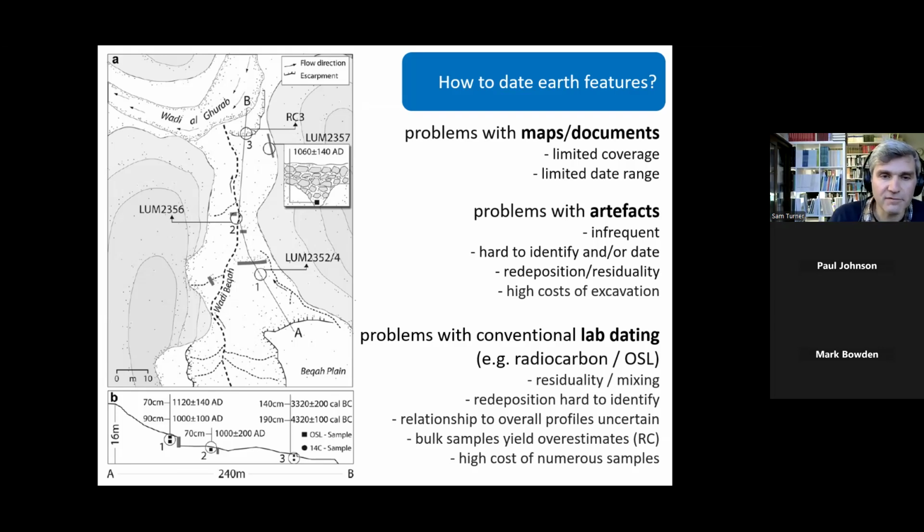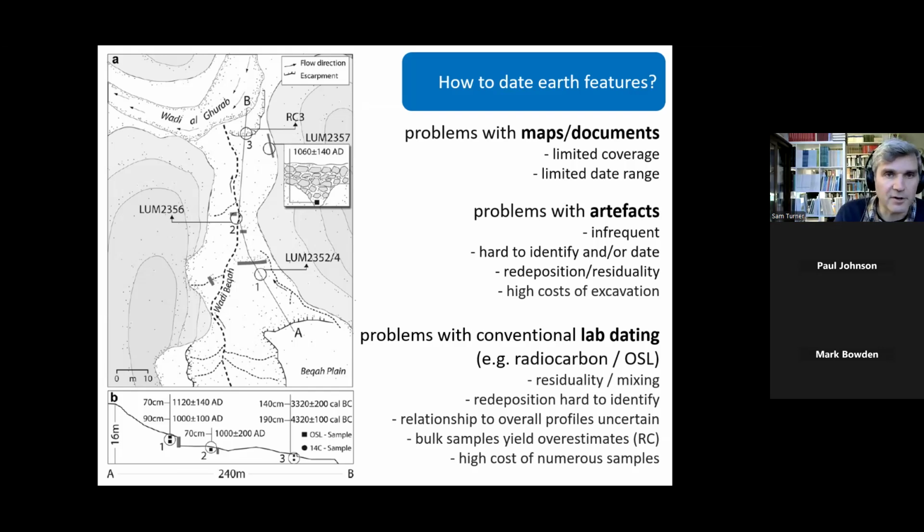And problems with conventional lab dating, which are largely related to the difficulty of identifying residuality or mixing or redeposition or inversion of samples in these deposits if we're just taking individual scientific dates, either of radiocarbon or luminescence from within an archaeological profile. So these are well-established problems.